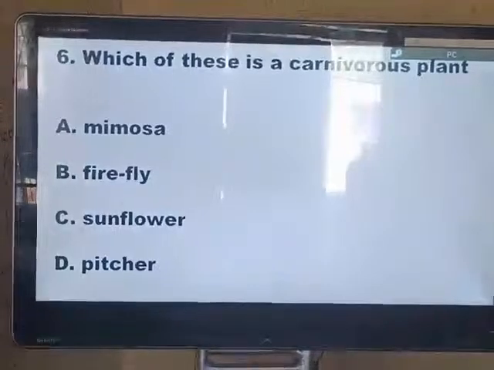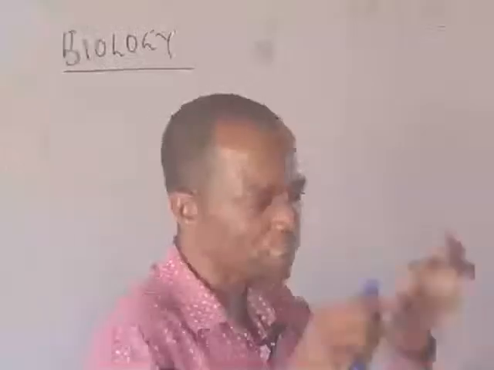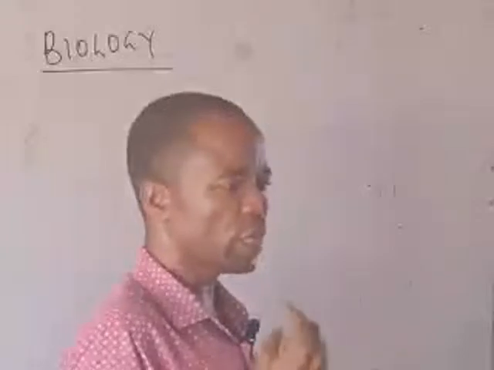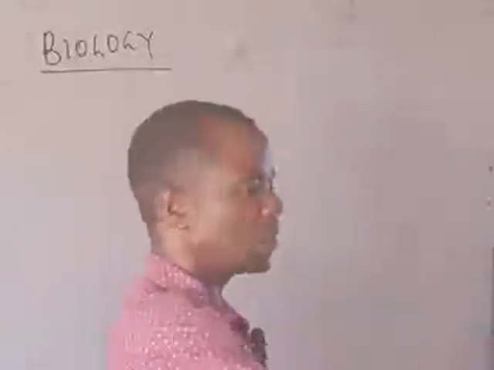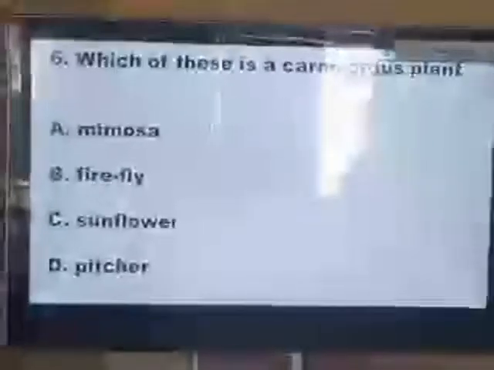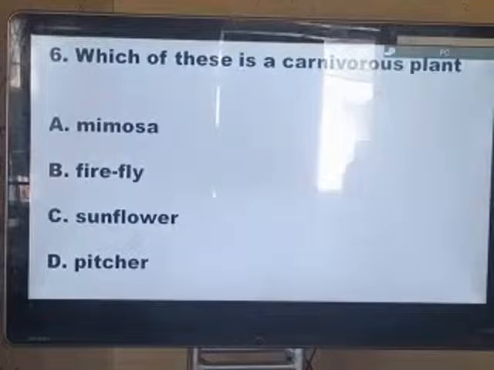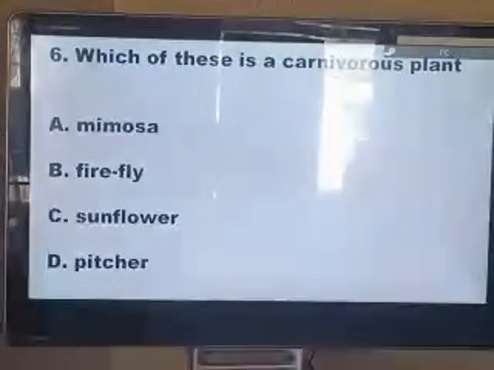They are only found in soil that is deficient in nitrogen, and they use special features to trap insects, digest them, and absorb the nitrogen from them to supplement the nitrogen that is deficient in the soil. So an example of such a plant is pitcher plant. Other examples are Venus flytrap, bladderwort, and so on and so forth. So the correct answer for number 6 is definitely option D.